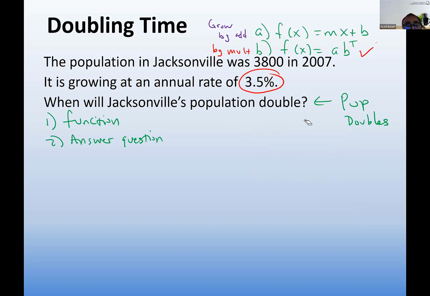And now that we've chosen our model is exponential, we have one more decision to make. AB to the t power, or the other model, AE to the RT power.